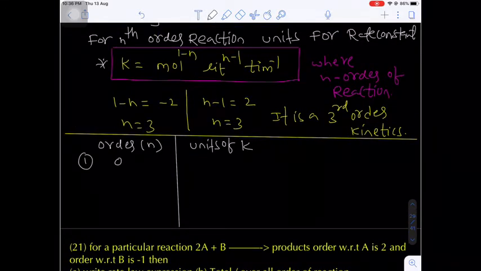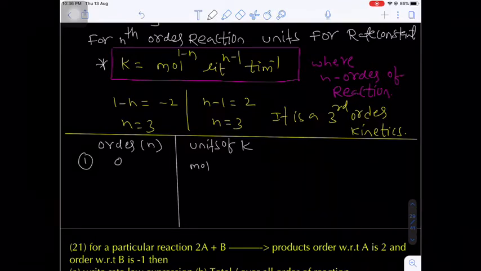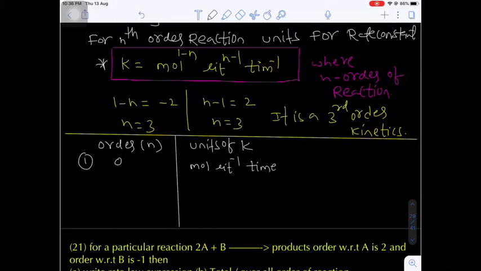If you put the n value 0 in this expression, you will get mole to the power 1, liter to the power minus 1, and time, generally taken as second, otherwise you can take time inverse. Generally we express the time in seconds.